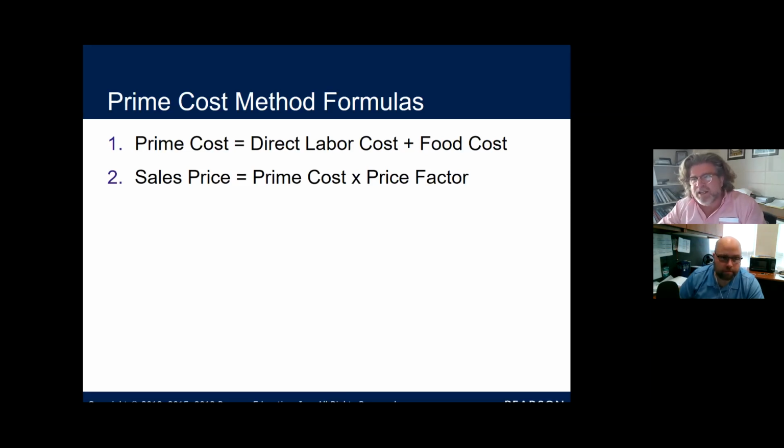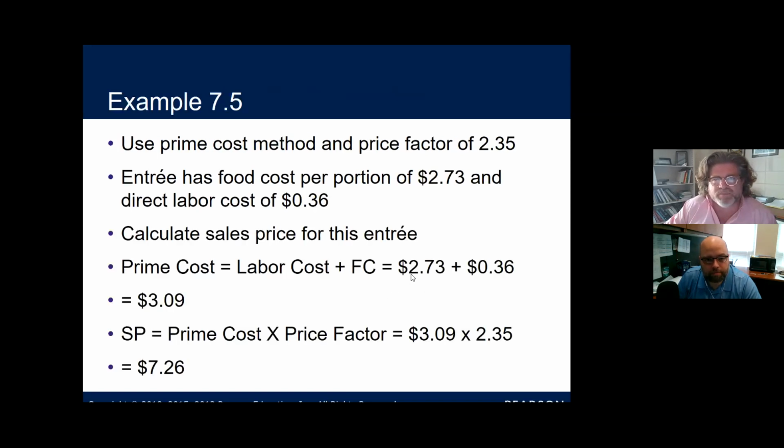How much am I spending for the ingredients to make this dish? And so my sale price, what I should charge for it, is the amount of these prime costs, the labor plus the food cost, times whatever price factor, whatever multiplier I think is appropriate to make it worthwhile.